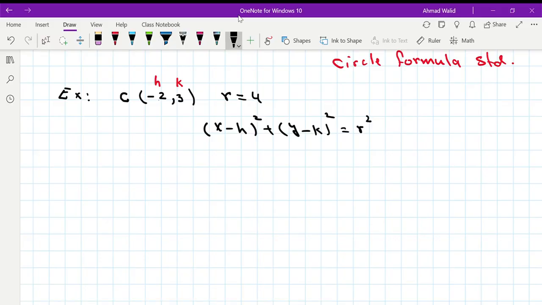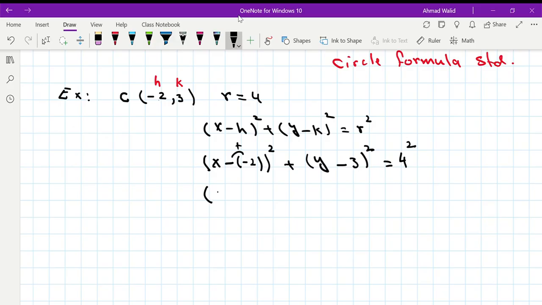Now I know the value of h and k. Then x minus h, how much is your h? Negative 2. Correct? Squared, plus y minus k. How much is k? 3. Squared equals r squared. How much is r? 4. 4 squared. Double negative becomes positive.